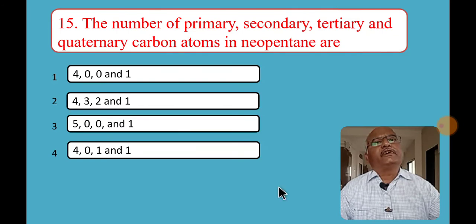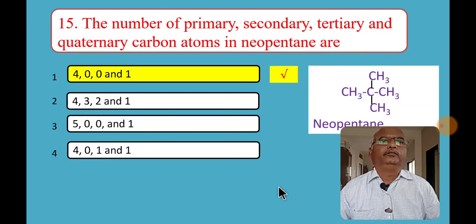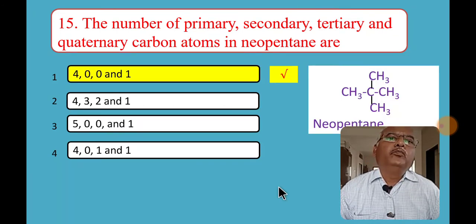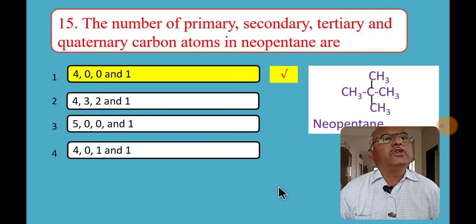Check your answer. Answer 1 is the correct answer. In neopentane, there is no secondary and no tertiary carbon atom. Quaternary and primary carbon atoms are only present.